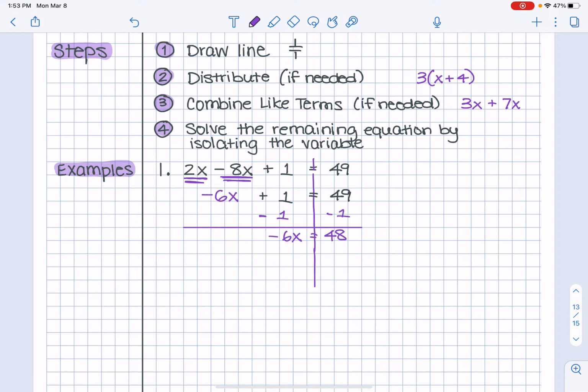And then my x is still not alone, so I need to get rid of the negative 6 by dividing by negative 6. When I do that, these cancel out. I have x equals 48 divided by negative 6 is negative 8. And that is my final answer.